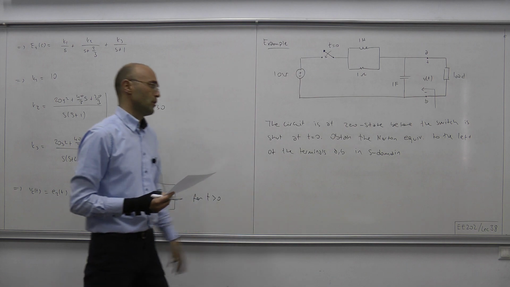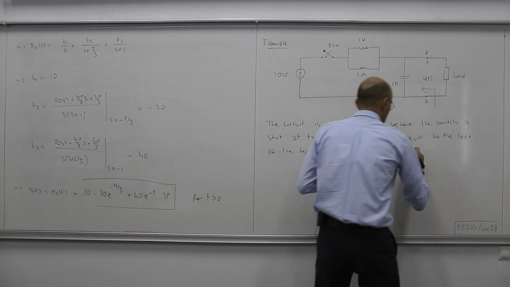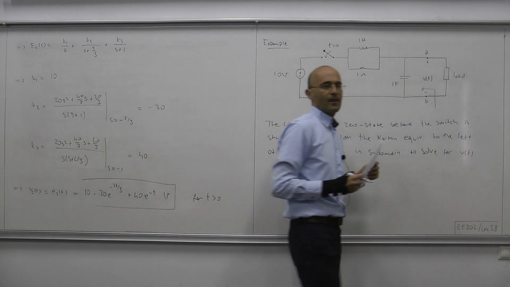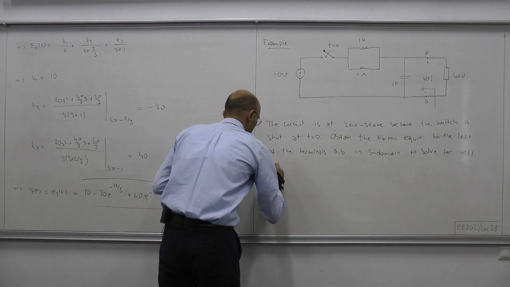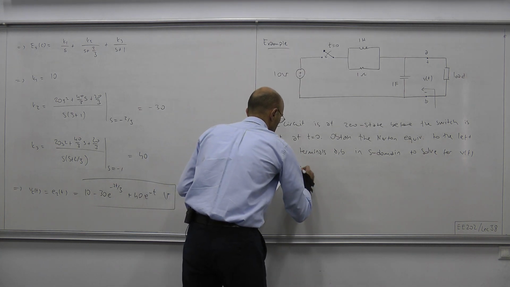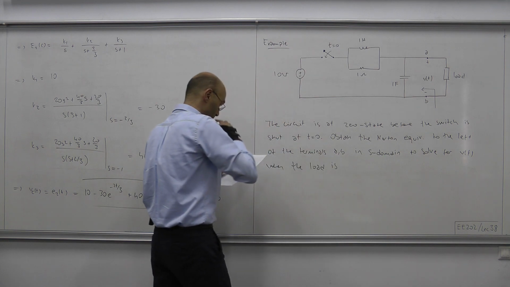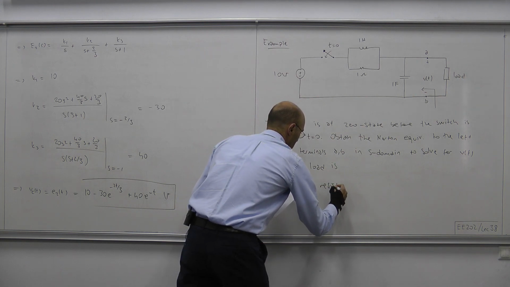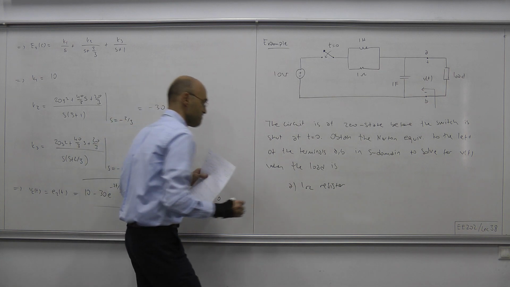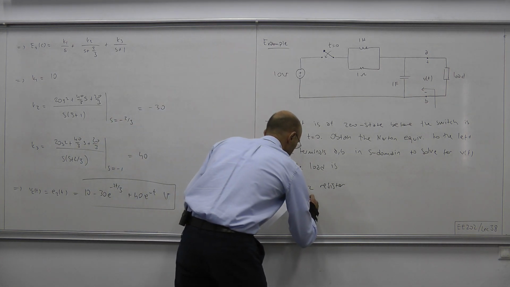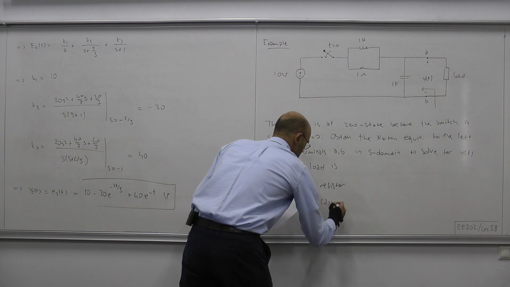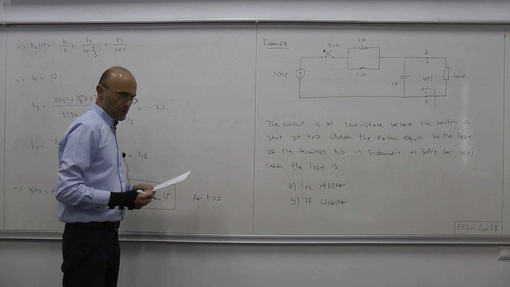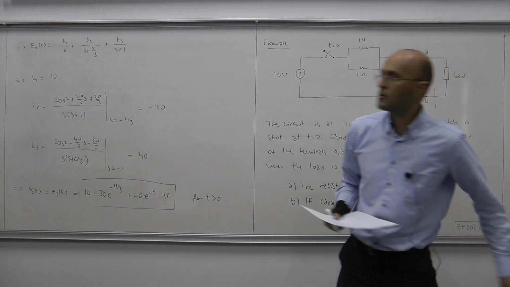So we have to obtain the Norton equivalent in S domain to solve for the load voltage V of t when the load is a 1 ohm resistor and a 1 farad capacitor. Okay. So let's therefore begin our solution.